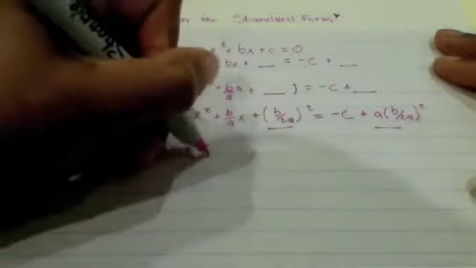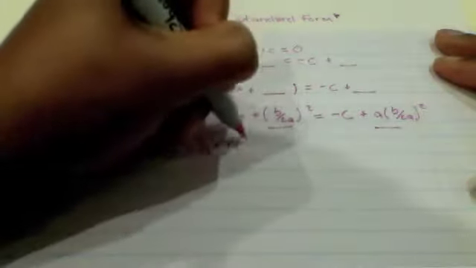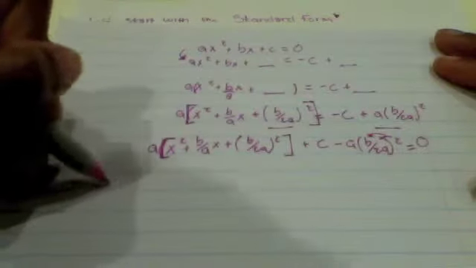So the next step that I like to take is just putting everything that's on the right side of the equal sign right now onto the left side. So that means you're going to add c to the left side and subtract a times the quantity of b over 2a squared. So next I'm going to distribute.